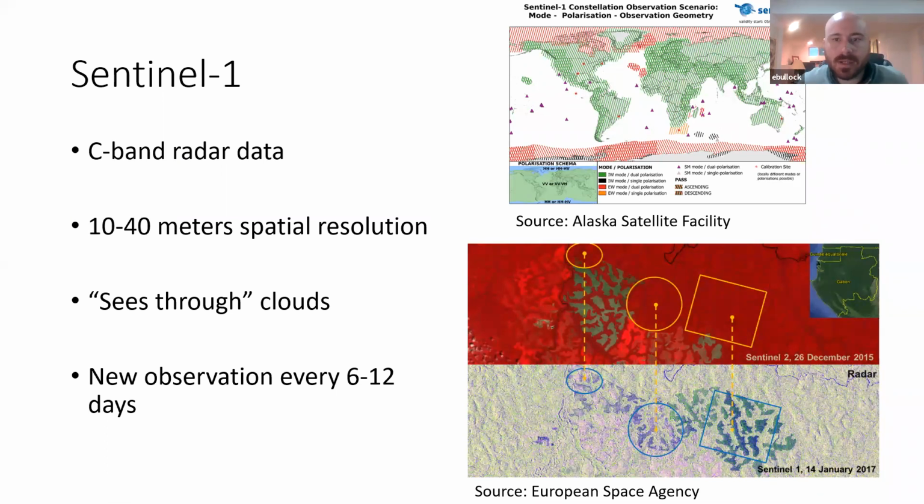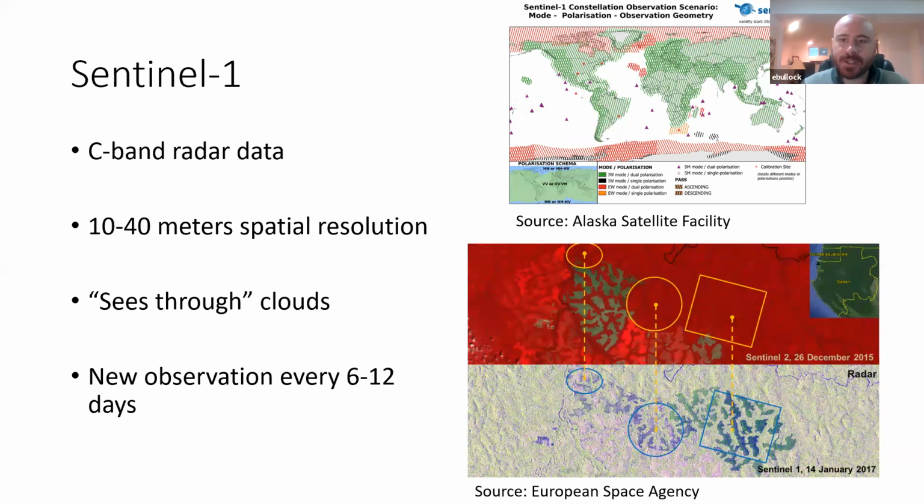So Sentinel-1 is a European sensor. It's called a C-band radar. That's just the type of radar sensor it is. In the top right, you'll see where it has coverage in the world.